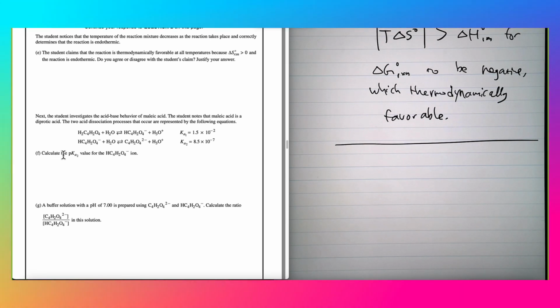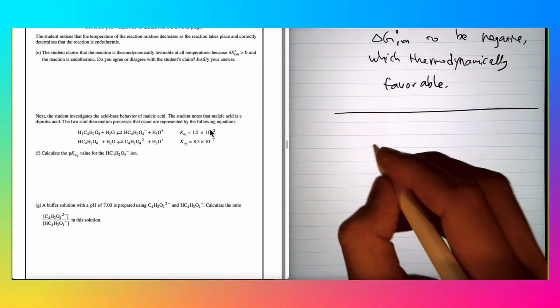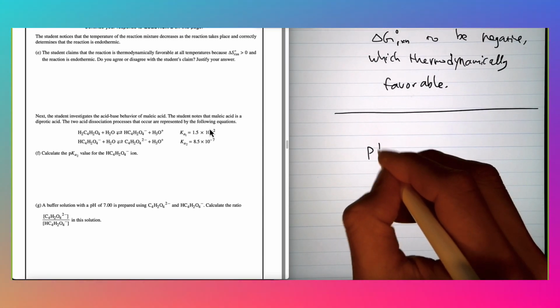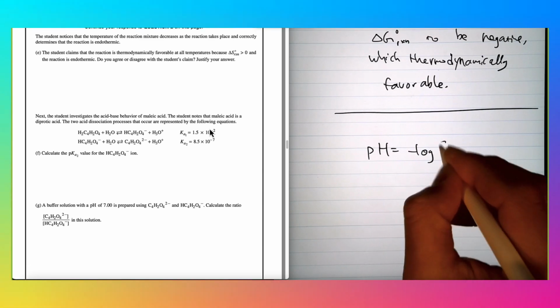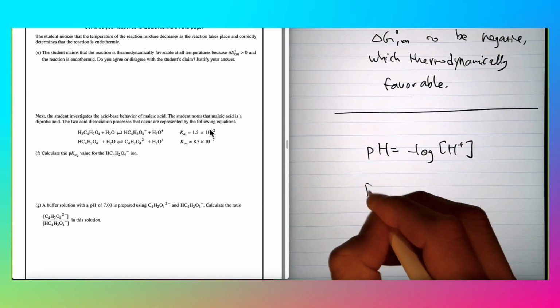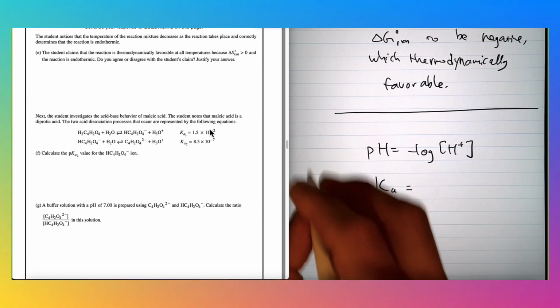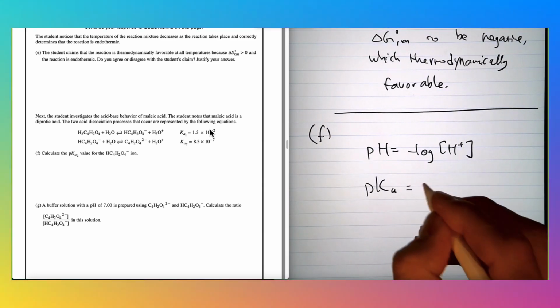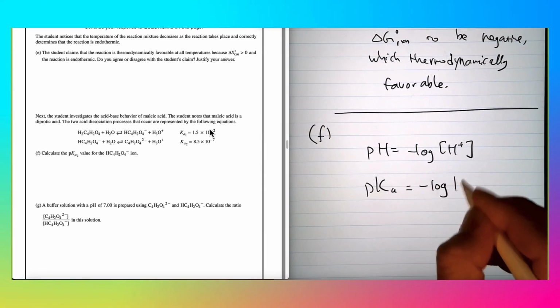Alright, so calculate the pKa2, meaning the second row here, value for this ion. pKa is simply a negative log, just like pH. Just to recap, pH equals negative log of the concentration of H plus. pKa has the same nature. It's the negative log of the Ka value.